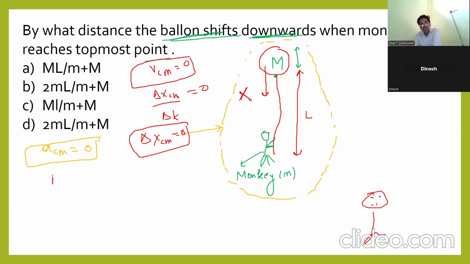So m1 delta x1 plus m2 delta x2 we can write. They will move in such a way that if balloon is going down, monkey should go up. Then only m1 delta x1 plus m2 delta x2 will be 0. One should be positive, one should be negative. Then only the sum will be 0.